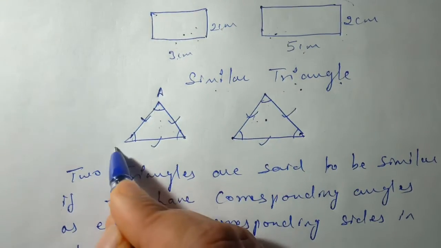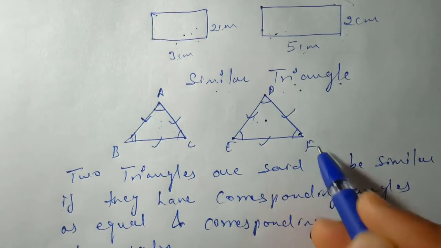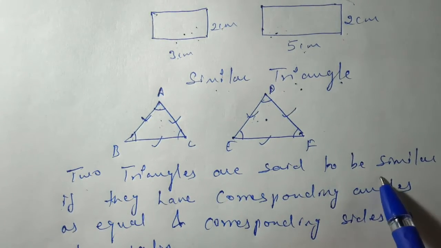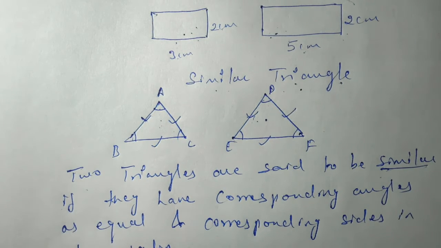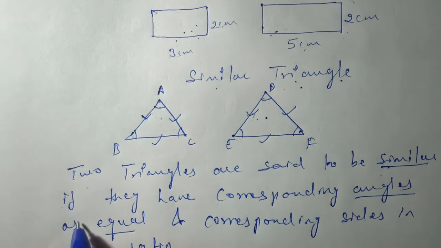Let us name the triangles as ABC and DEF. On the basis of this statement, two triangles are said to be similar if their corresponding angles are equal.